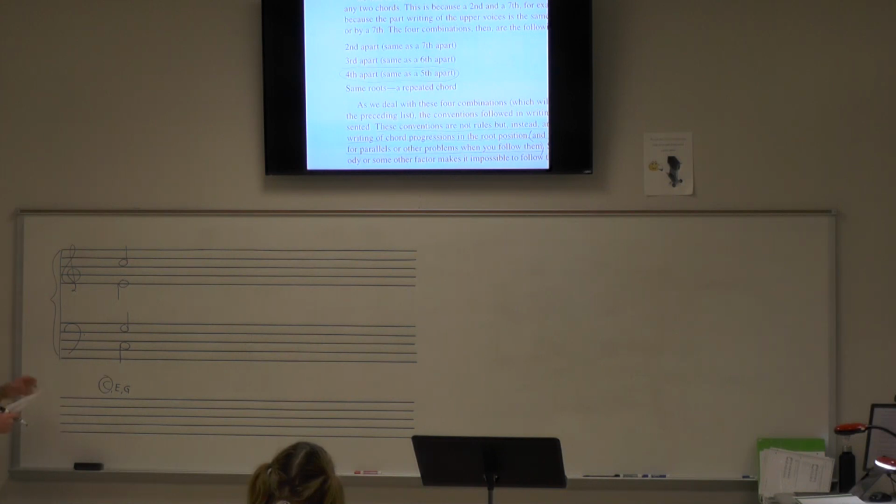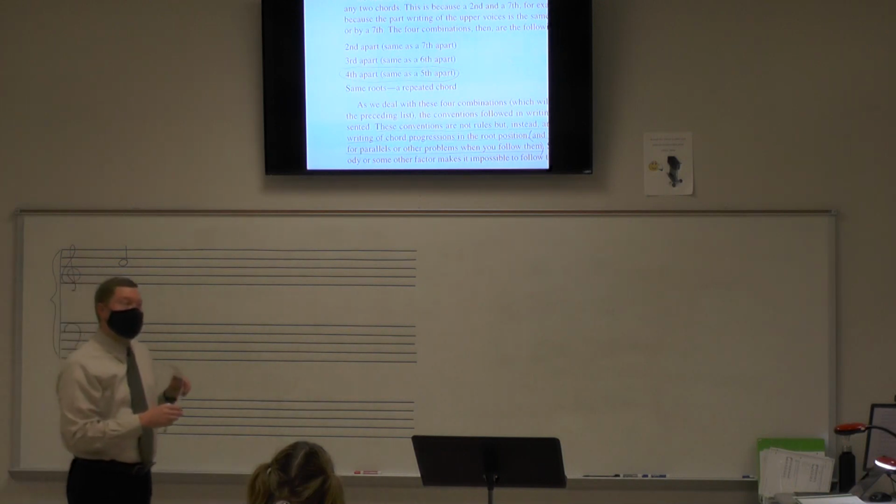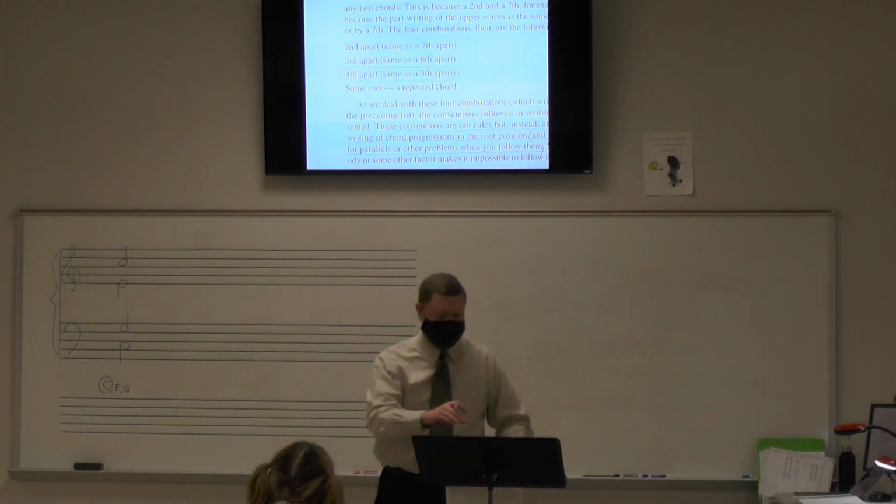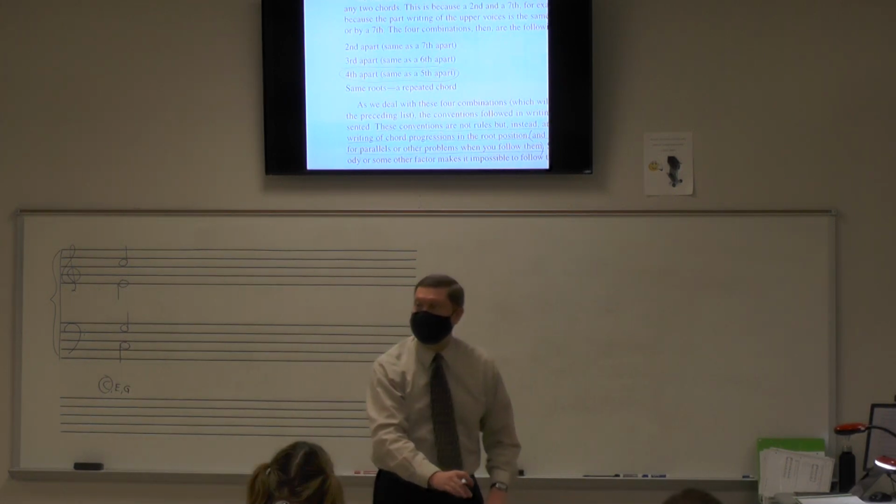Two of the four parts should be given the root of the chord. In other words, in this case, C is the root of the chord, so two of the four parts need to have a C. That way we say the C is doubled. Another way we can say that is that the root of the chord is doubled.